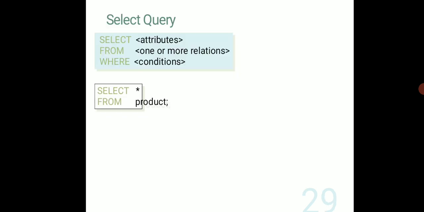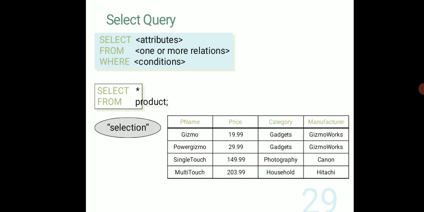So next, this is the query to select. After that you give the attribute, from, you give the table name, and where, if you have a condition you can mention it here. If you give select star from table, it will collect all the data from the table, right? So next, here we are using selection, which displays all the rows and attributes.